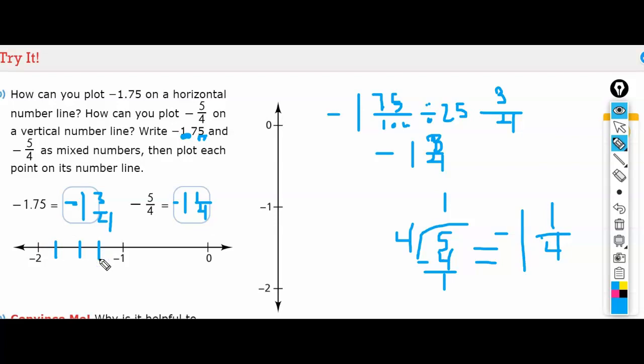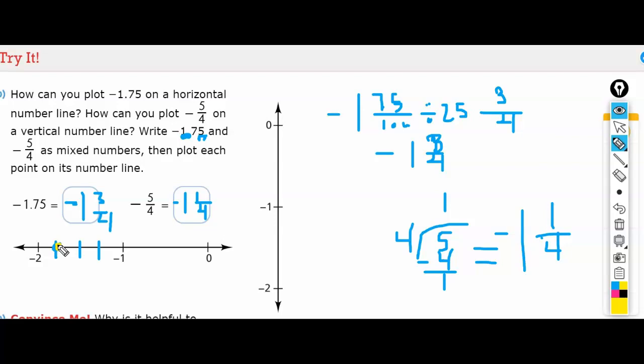And so we have 1 whole, and then 3, 1, 2, 3 of the 4. So this would be, and I should do that in a different color, our point here.